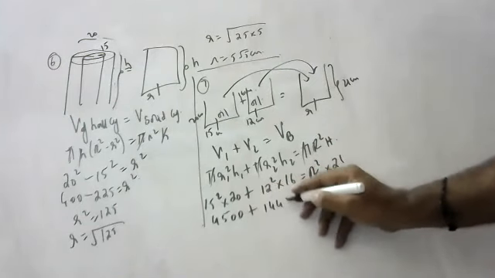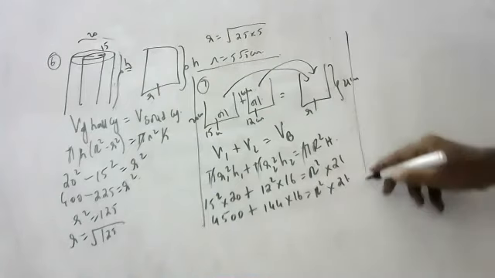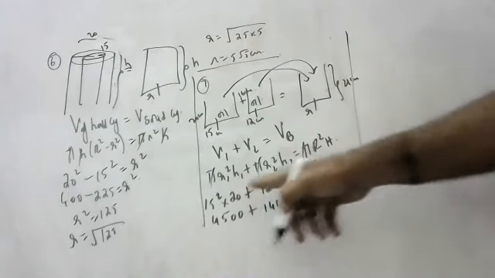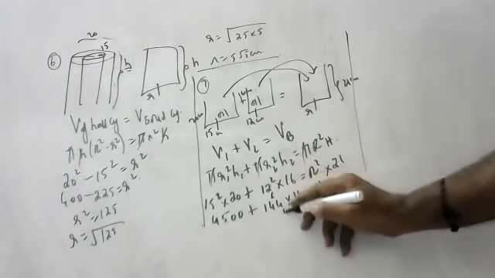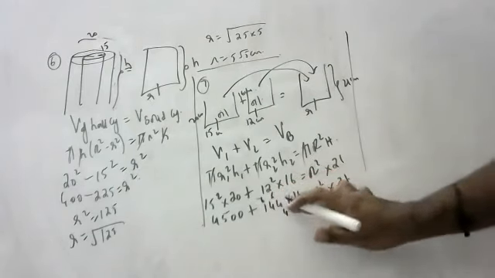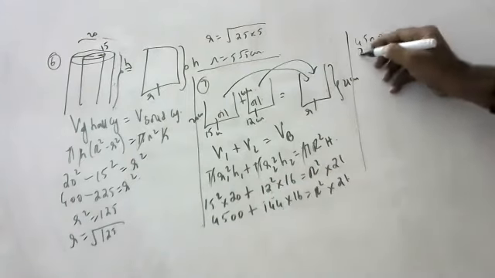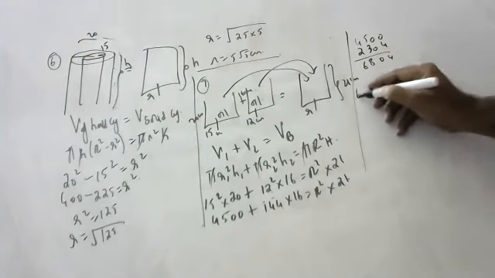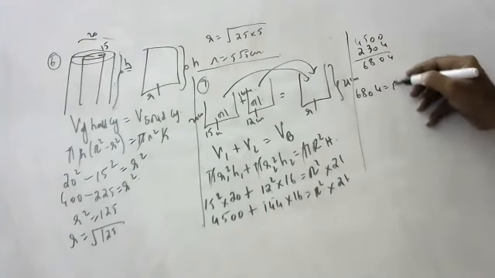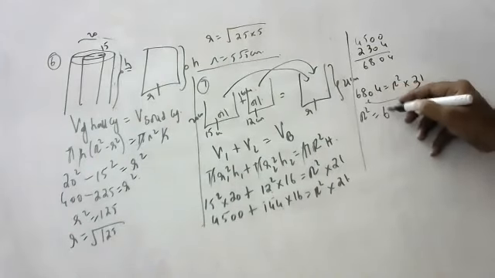144 into 16. Can anyone help me how much? 144 into 16, sir, 2304. So 4500 plus 2304 is how much, children? 6804. This is equal to r square into 21.